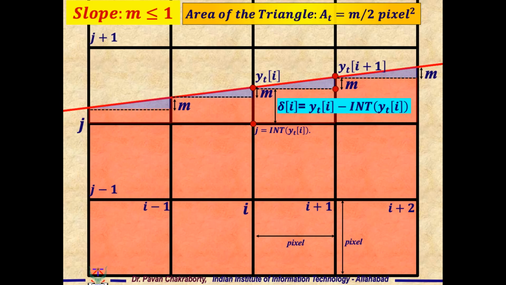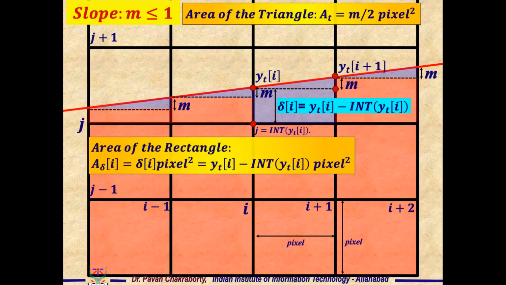That is y of t minus integer of y of t of I. And if I have this as the height, I could find the area under this rectangle. This area of the rectangle can be defined as A delta I is equal to delta I pixel square, which is equal to y of t I minus integer of y of t I. The units would be in pixel square.